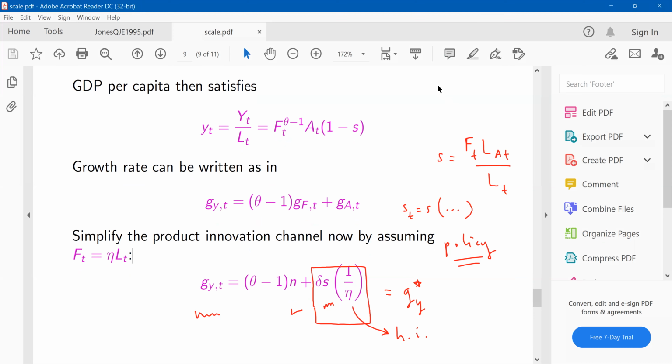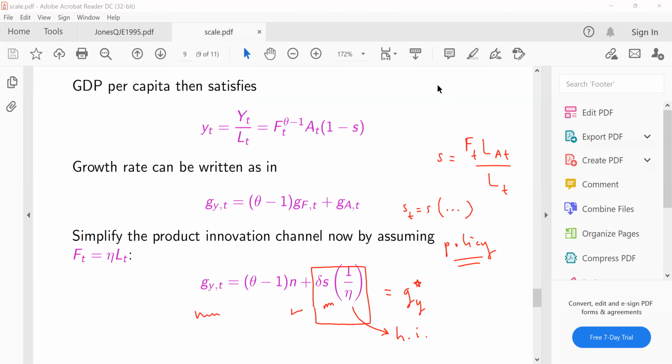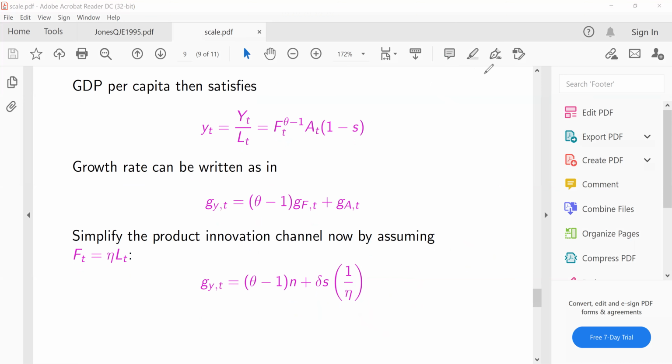So let me clear all this to move on. So they study things like this. What is the long run empirical relationship between real GDP per capita and population growth? There is of course a very weak relationship.